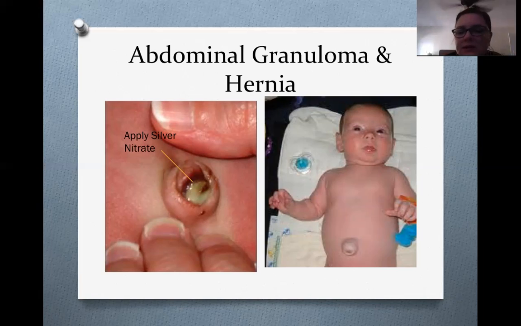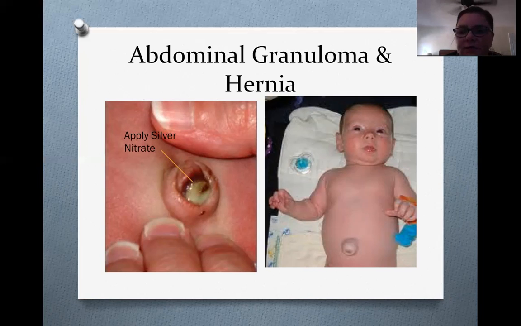And then on the right side, you can see that umbilical hernia. A lot of times infants will have that until their first year of life because of the weakened abdominal muscles. As long as you can take that hernia and gently displace it back into the abdominal cavity, then there's no problem with that.